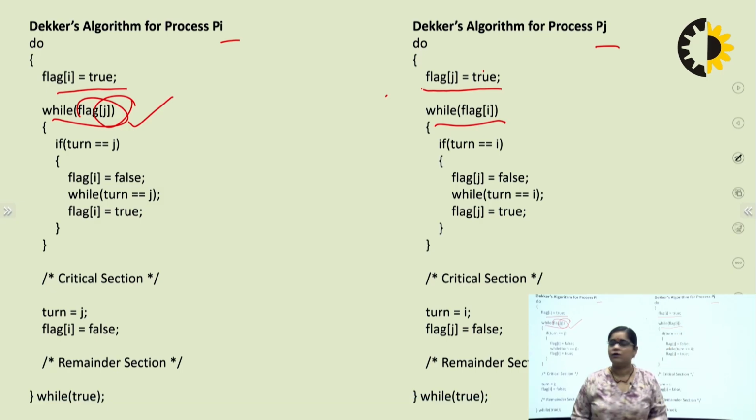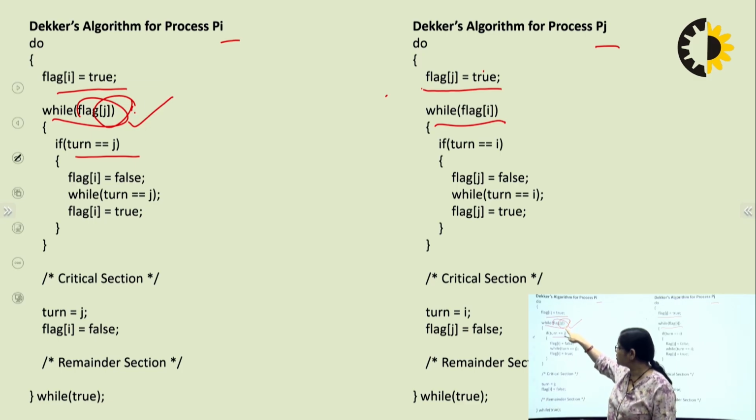Now what does it mean if turn is equal to j? It means I have given the entry to the second process, process j. Whose turn is it? Turn is for the next process, that is j.